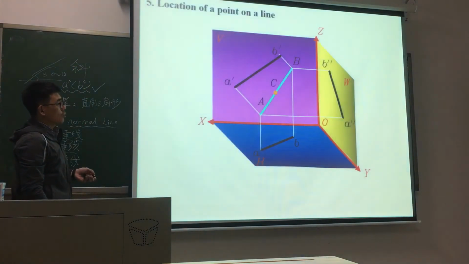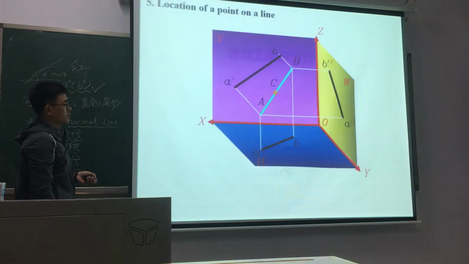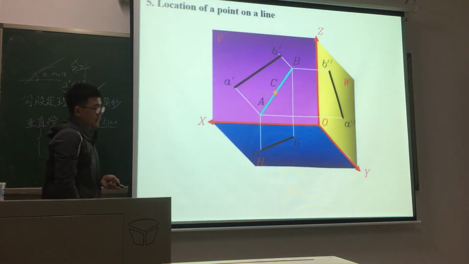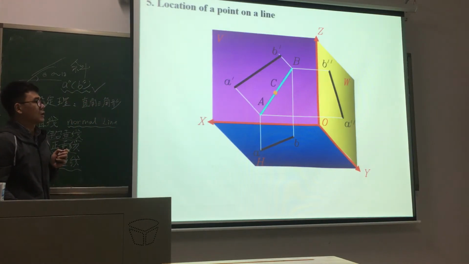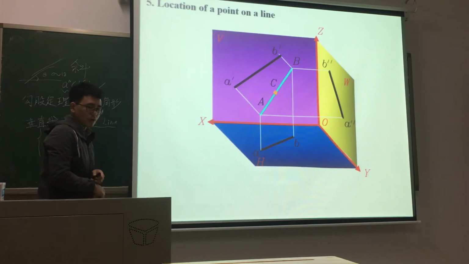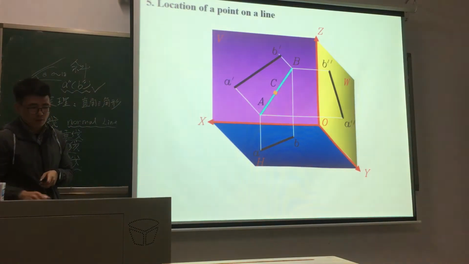So this is the homework for the formal class. The fifth part on the line. This shows the location of a point on a line.